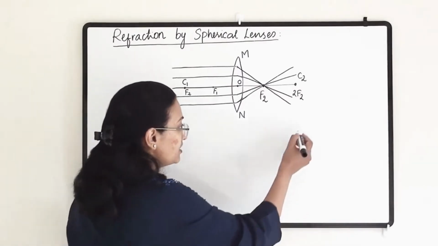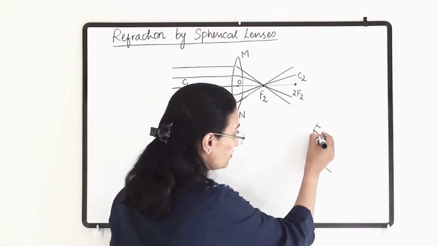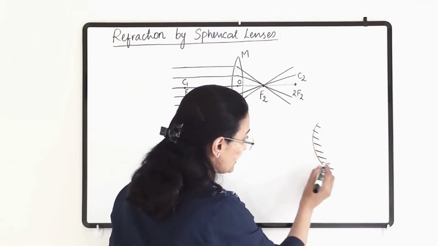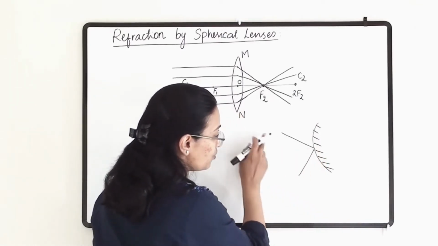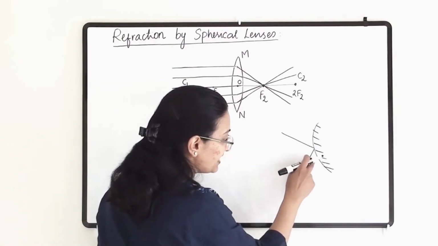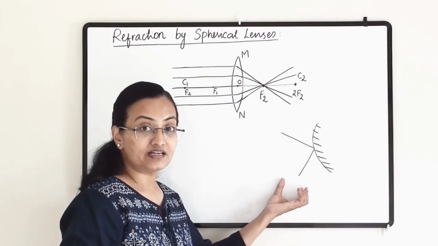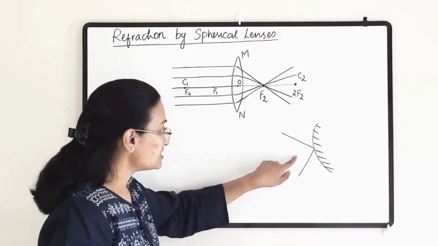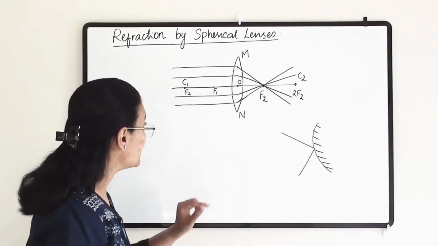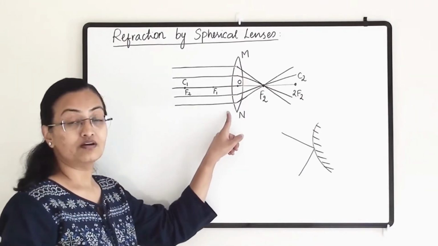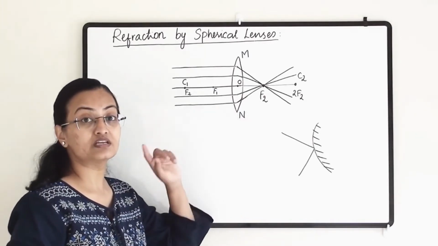If we draw a convex mirror, one surface is painted and only one surface is a reflecting surface. Whatever ray falls on that will be reflected at a certain angle. So this has only one surface which gives reflection, whereas this is called a double-sided lens, because on both sides it gives us refraction.